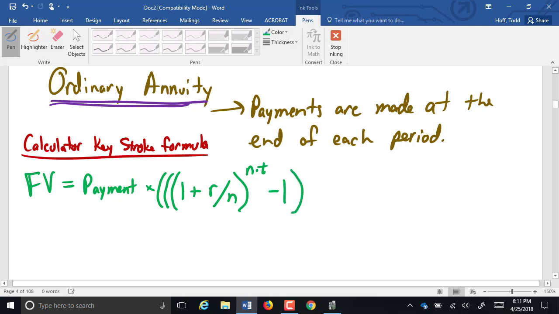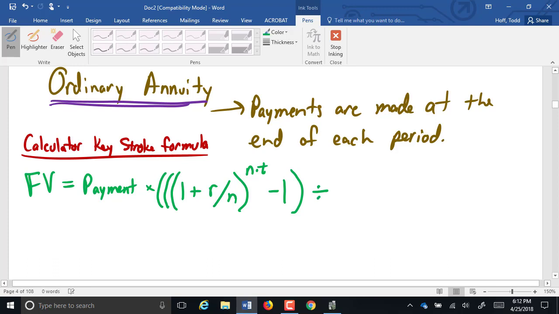close parentheses. Well, each of those ones actually stands for 100%. So this one here is 100% plus your rate per period, and to the power of the number of periods. Subtracting out the one is subtracting out the first 100% of the original amount, because you've got to compound the interest and then take out the beginning value.